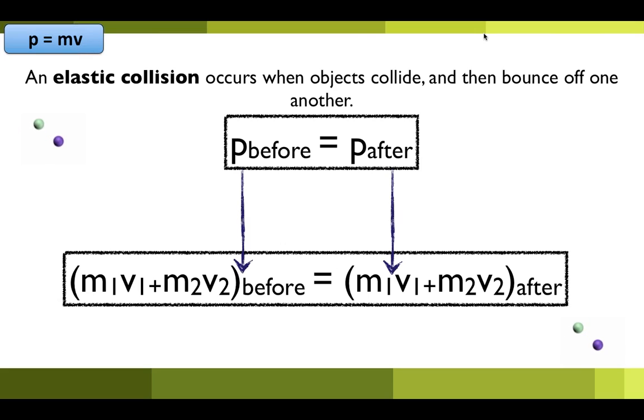If we add those two together, then we'll have the total momentum before the collision. Now that's going to equal the momentum of the first object plus the momentum of the second object after the collision. So it will be m1v1, the mass of the first times the velocity of the first, plus m2v2, the mass of the second times the velocity of the second. And if that's still a little bit fuzzy in your mind, let's go through an example and you'll see exactly what I'm talking about.